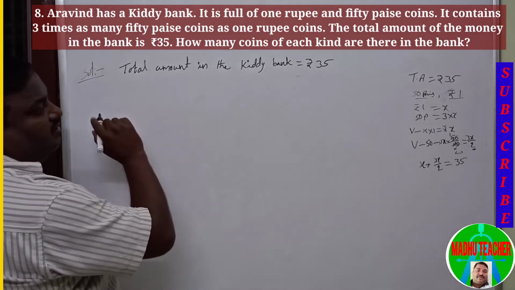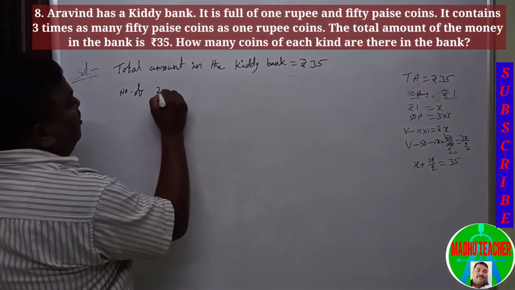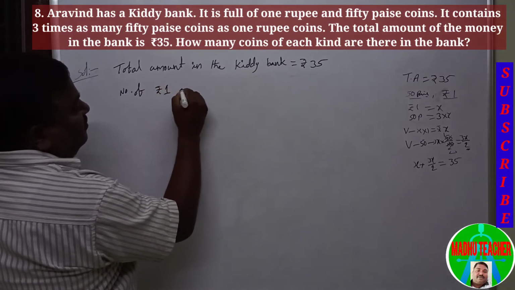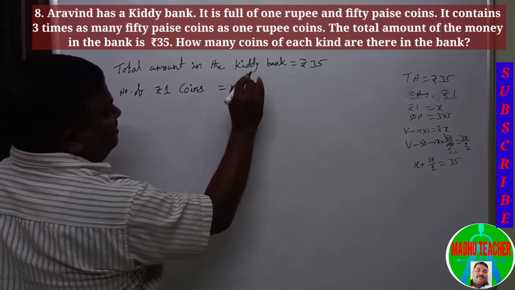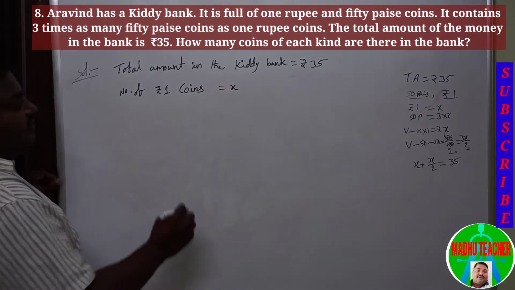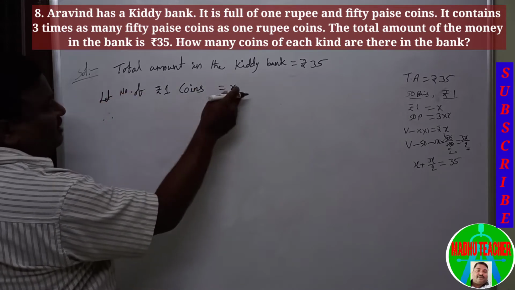Okay. Next, number of 1 rupee coins equal to x. Let it be x.